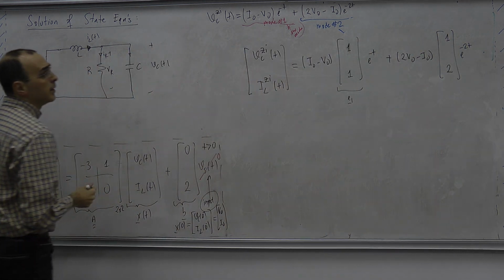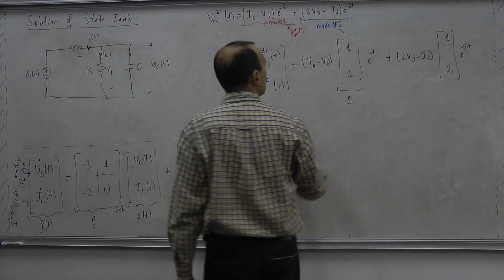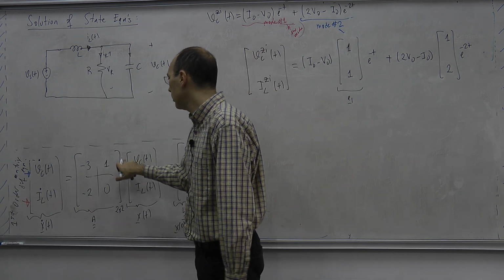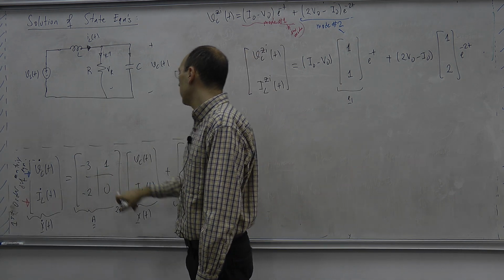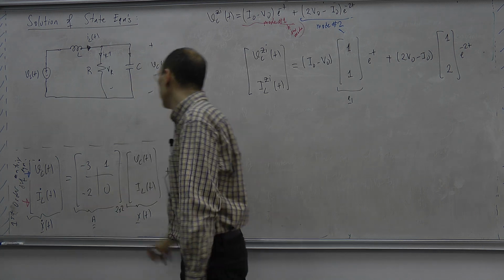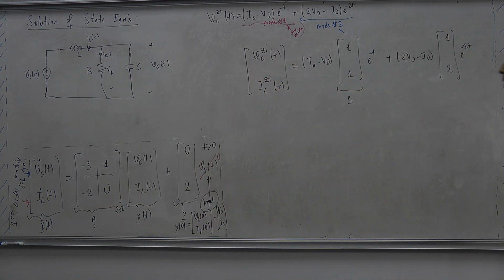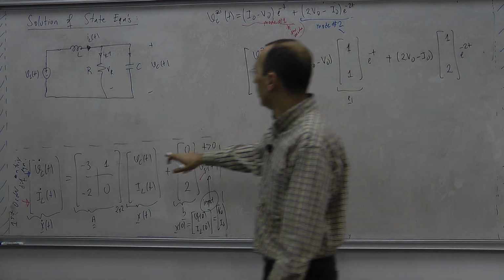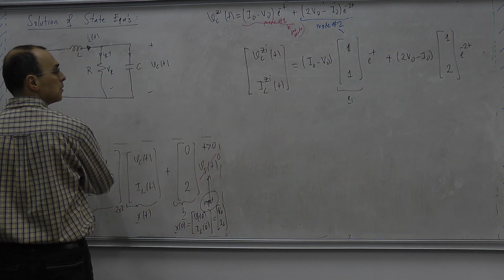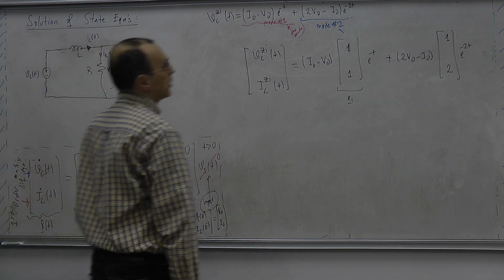So let's see. Lambda is equal to -2, 1, 2 vector. If I multiply by 1, 2 this one, I get -2, -4. Okay. Let me see. I think it's correct. Okay.